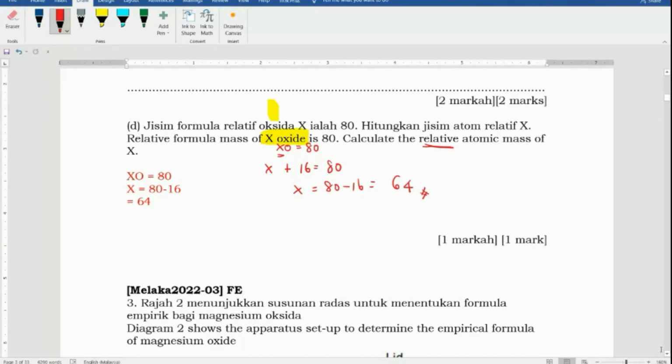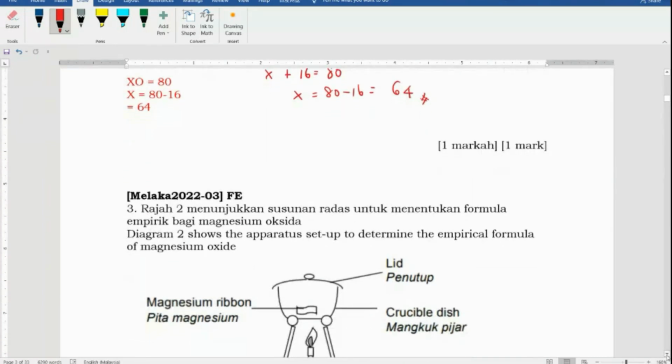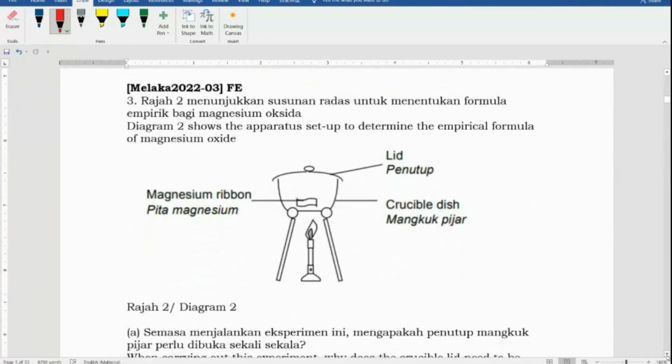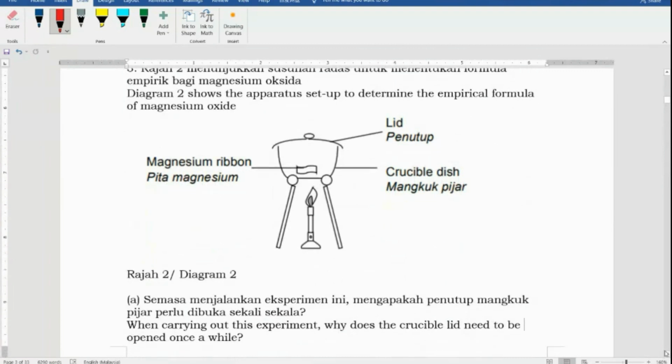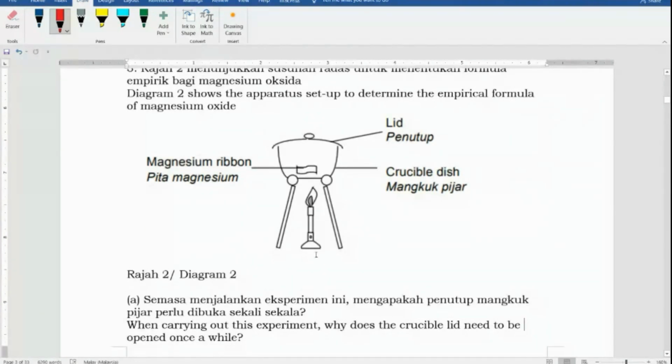This one is more to calculation. This one is an experiment diagram. For this experiment, if you have notes, you can take them out now. I'll let you try to answer the question. I give you around 3 to 5 minutes to find the answer for this experiment. Chapter 3.